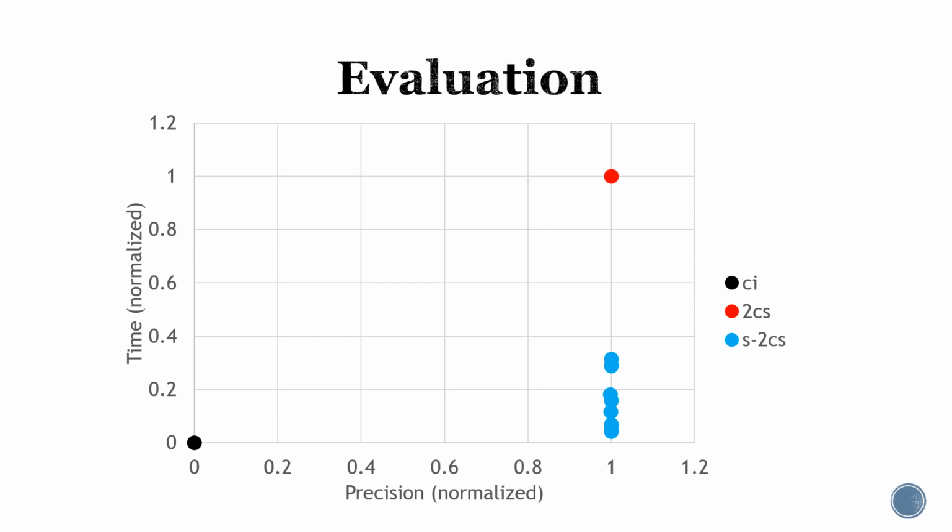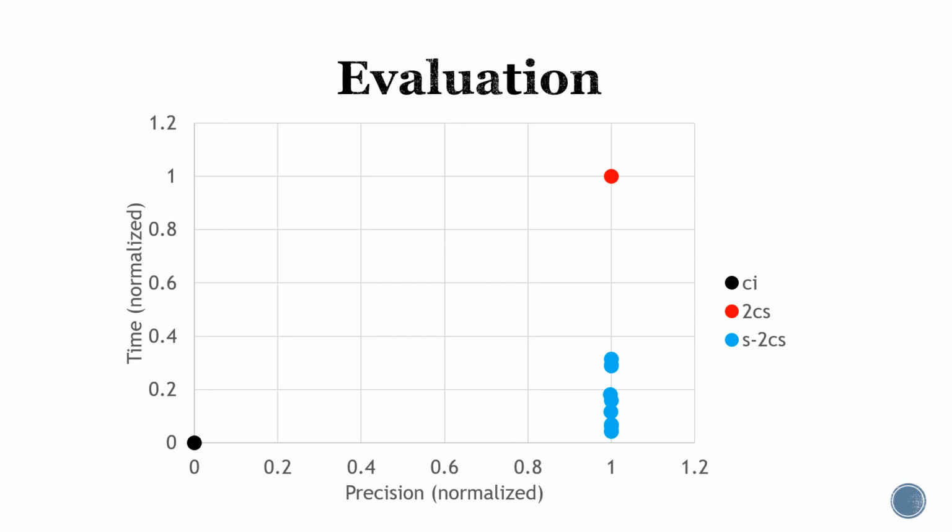For the precision, it's obtained from the false positives reduced from the corresponding context-insensitive pointer analysis, taking the number for two-CFA-sensitive pointer analysis as the unit length. Times were also normalized so it ranges from 0 to 1.